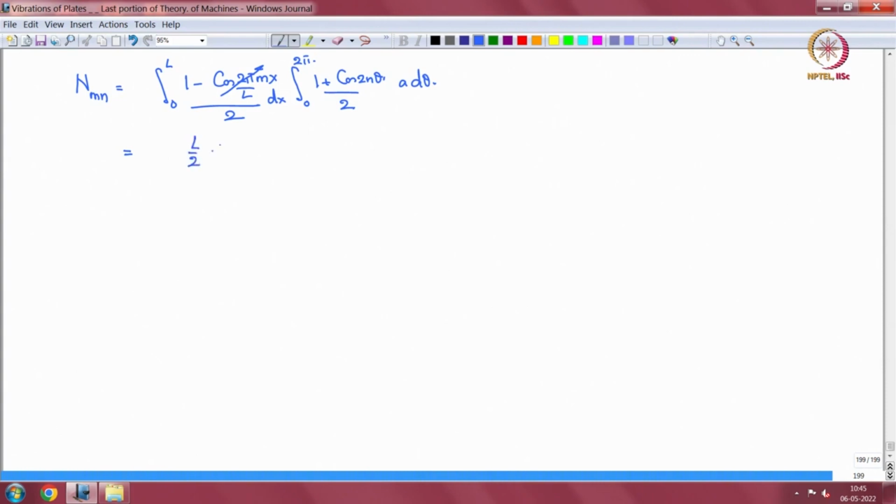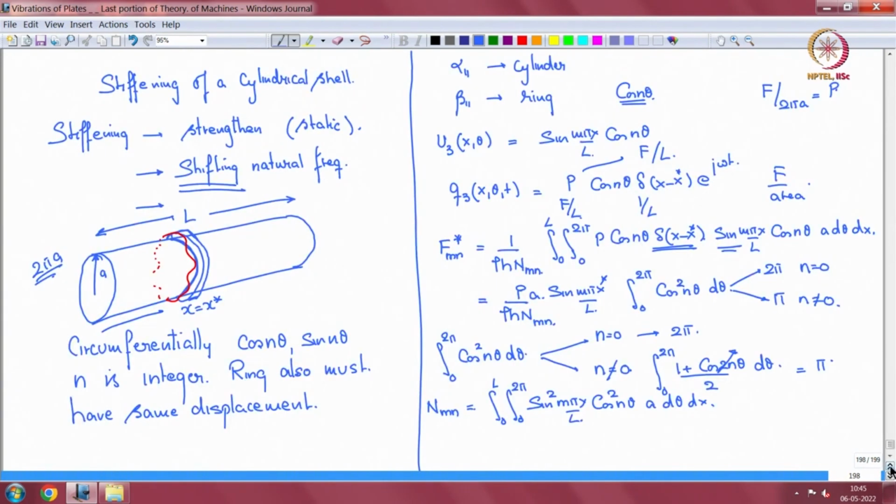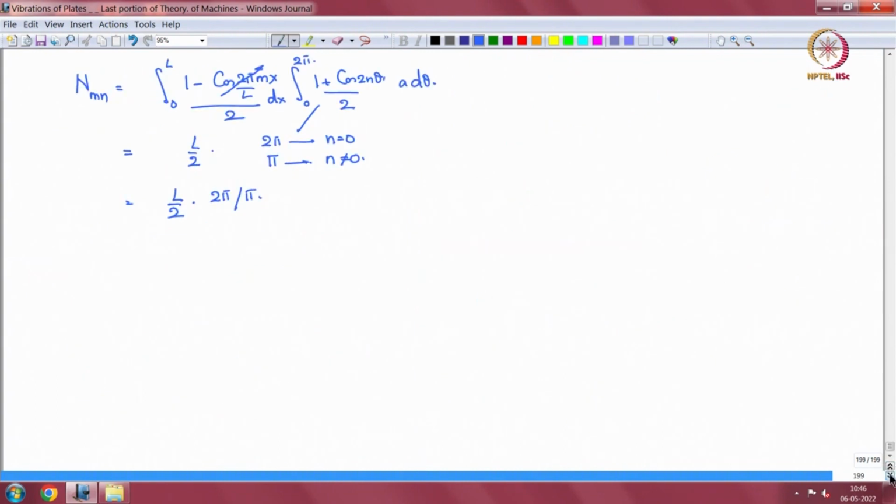But here again, this part gives me 2 pi for n equal to 0 and pi when n not equal to 0. So I get L by 2 into 2 pi or pi. Now for the other part, what did I have?